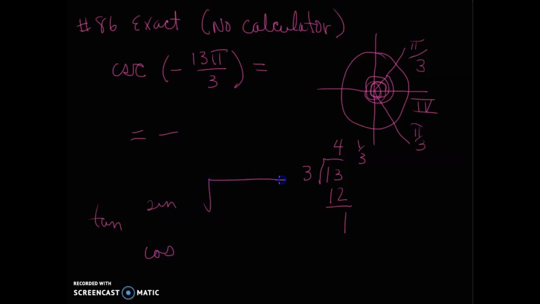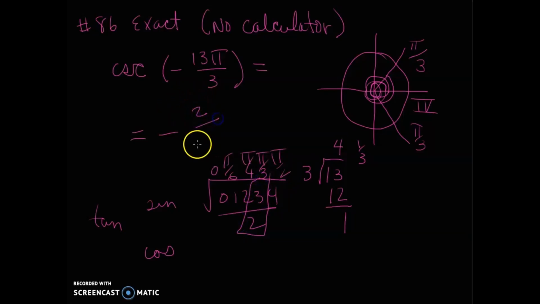So that's 0, 1, 2, 3, 4 over 2, and it's 0, pi over 6, pi over 4, pi over 3, pi over 2. So this is the square root of 3 over 2, except it's reciprocal. 2 over the square root of 3, which is the same as a negative 2 times the square root of 3 over 3.